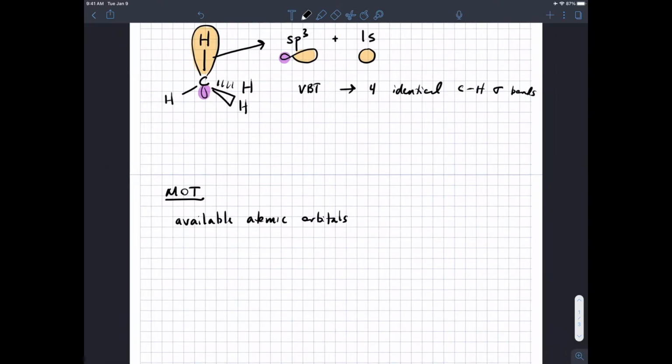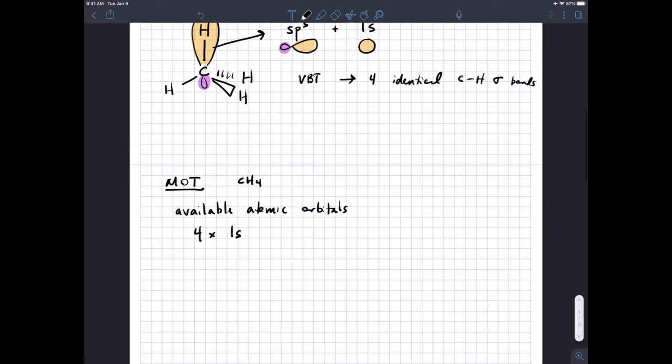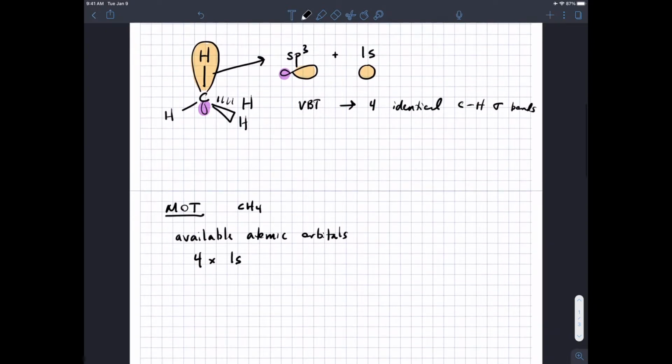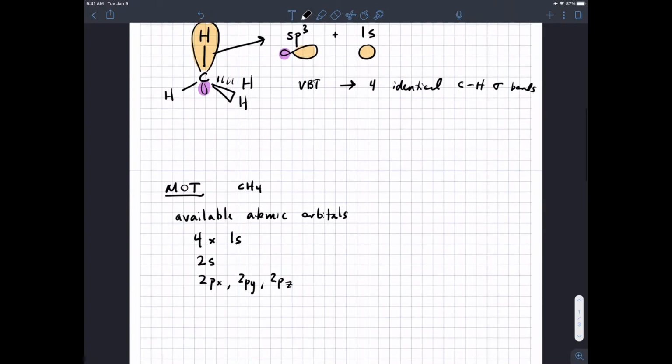Methane is CH4. We start out with 4 1s atomic orbitals, and then on the carbon we have a 2s orbital, and then we've got 3 of the 2p orbitals, y, x, and z, pointed in orthogonal directions. Overall, that's 8 atomic orbitals.